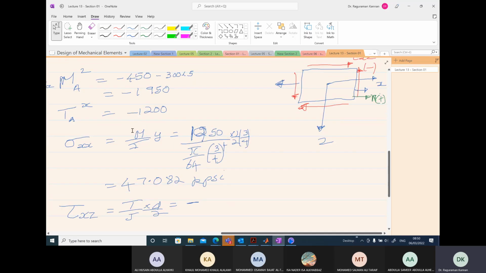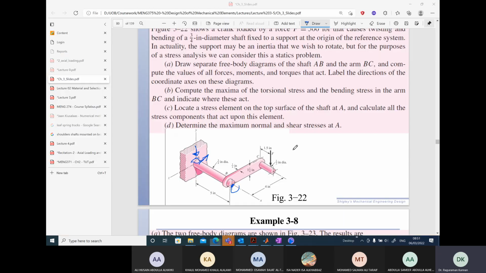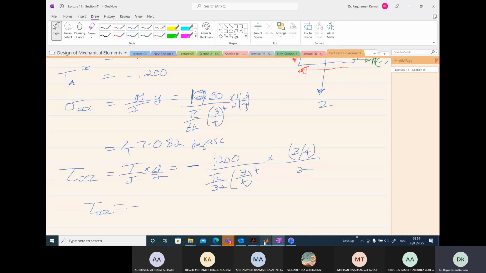Okay, so now let's go for the values. 1200, we have pi over 32 d to the power 4, into 3 over 4 divided by 2. So we will get a negative value. Let's calculate that.